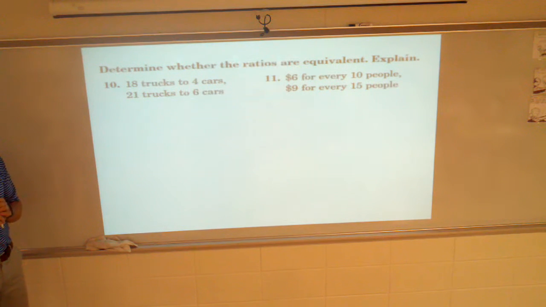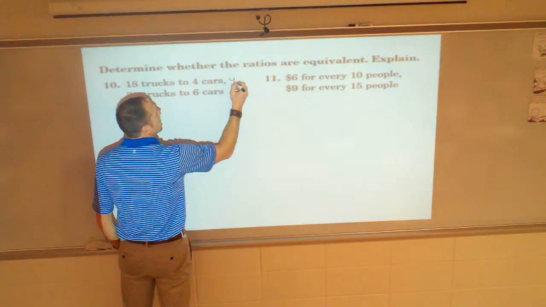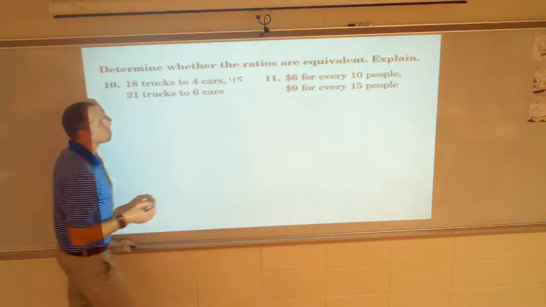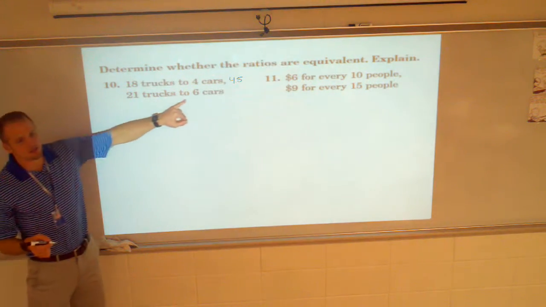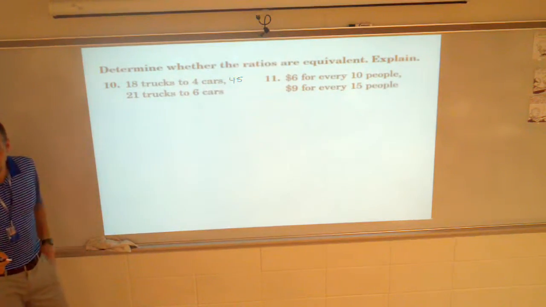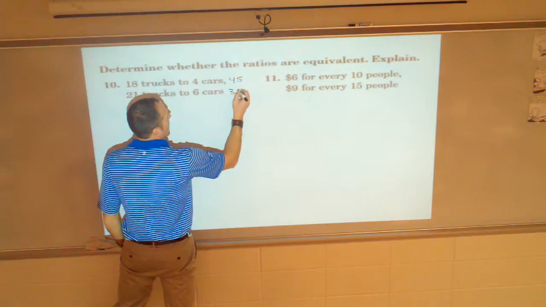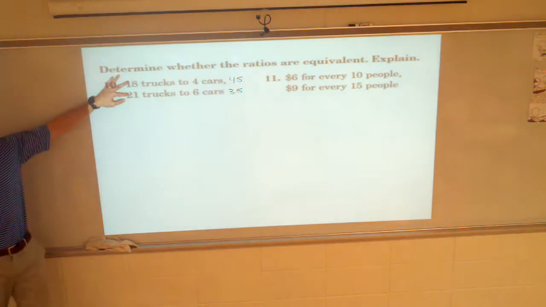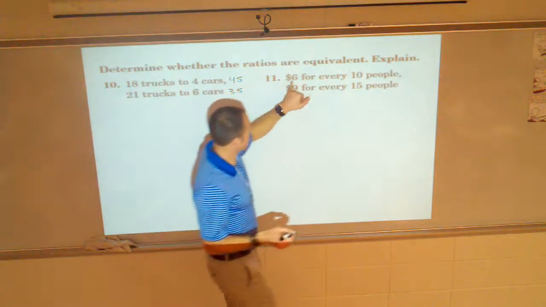If you have your calculator, by now you know 18 divided by 4 is going to be 4.5. What is 21 divided by 6? 3.5. So are these 2 ratios equivalent? No.